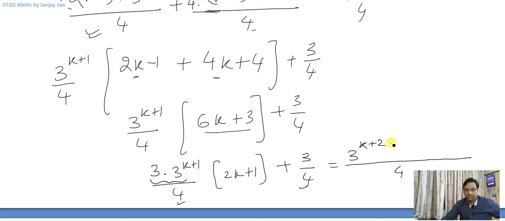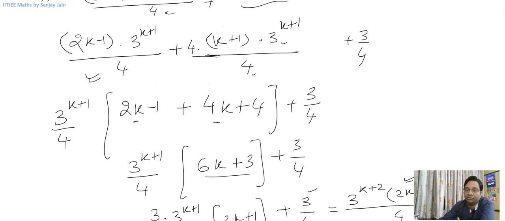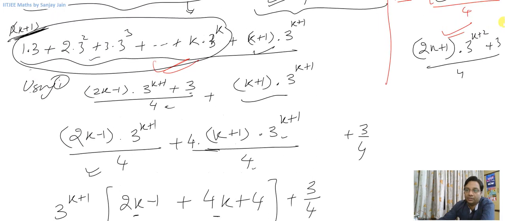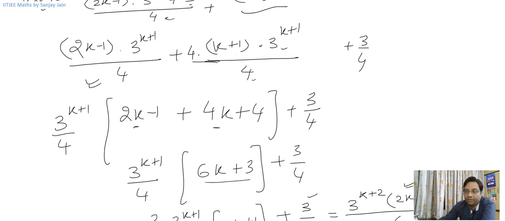And here I have got 2k plus 1 and then plus this 3. And if you notice, this is something that we required to prove P of k plus 1 to be true: 3 raised to power k plus 2, 2k plus 1 plus 3 divided by 4. So here I can say P of k plus 1 is true.